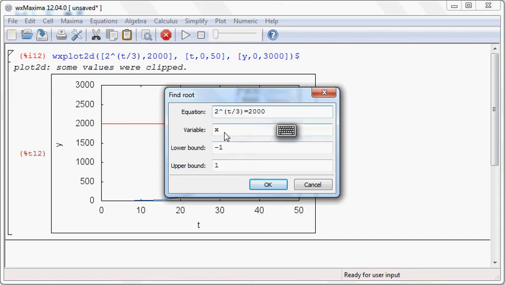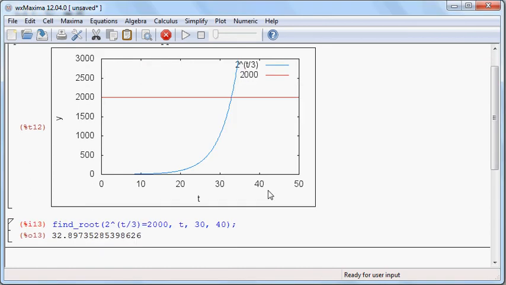The variable we're solving for is t, and the bound was between 30 and 40, so I'm going to put 30 for the lower bound and 40 for the upper bound. So click OK. You can see that the t value came out to be 32.897. Correct to 2 decimal places, it'll be 32.90.